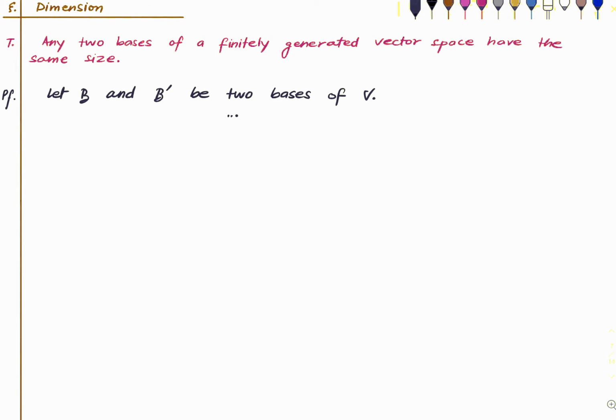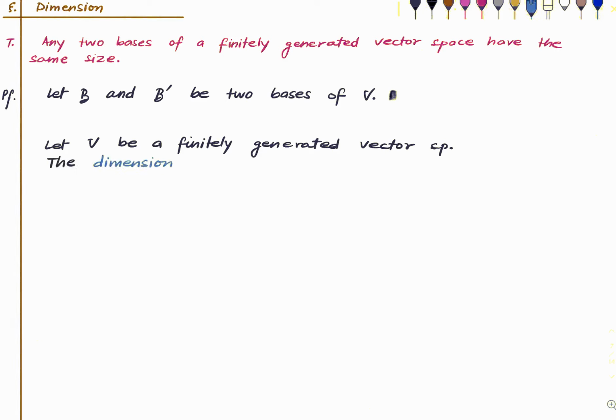Okay, so now we can define something by virtue of this theorem. We can now define the notion of dimension. So let V be a finitely generated vector space. The dimension of V is the size of any basis.